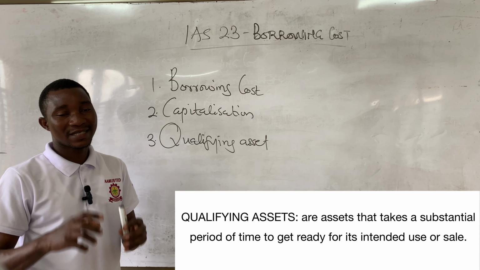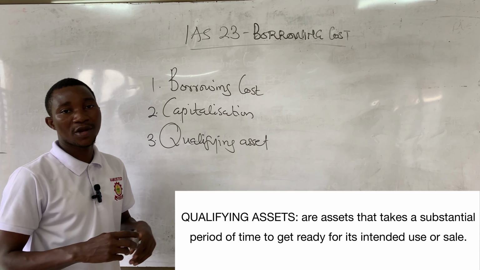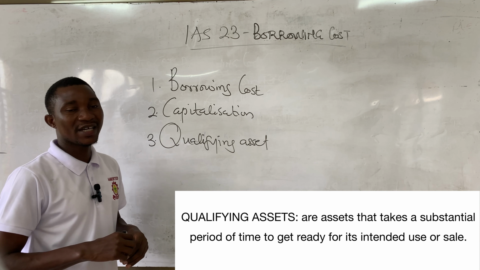Qualifying assets are assets that take a substantial period of time to get ready for their intended use or sale. Okay, so if the acquisition, construction, or production of an asset takes a substantially longer period of time before the asset gets to its intended use or sale, it is what we call a qualifying asset.